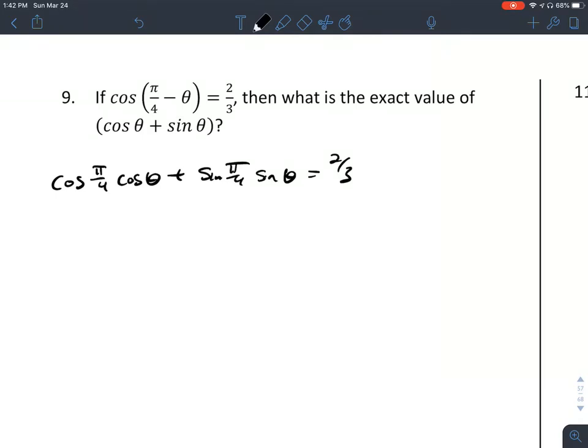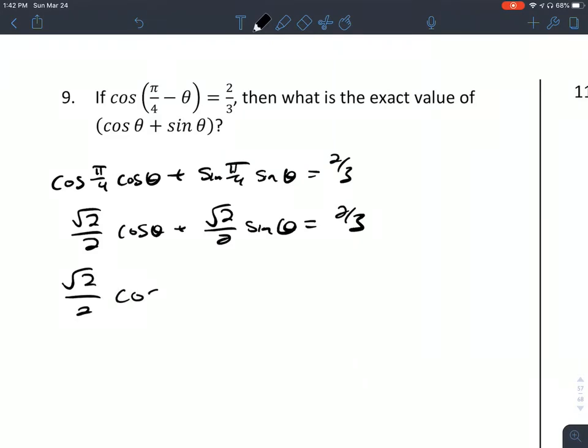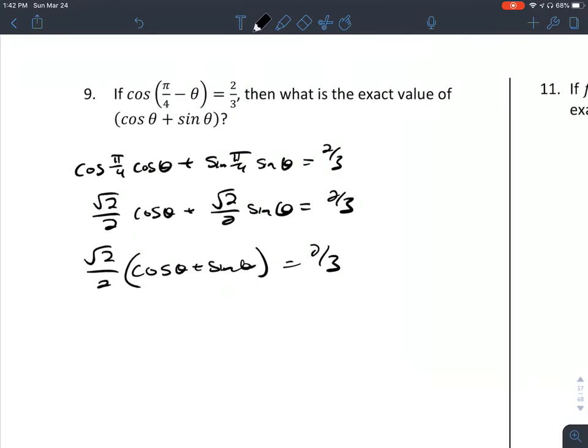Cosine of pi over 4, same as on the last slide, is square root of 2 over 2. If I factor that out to the front, the square root of 2 over 2, just like the previous problem.